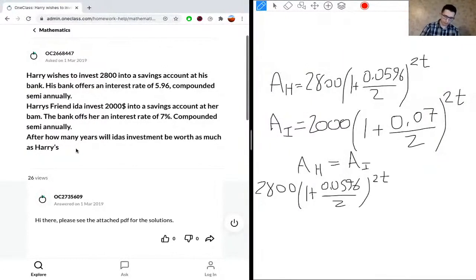And then actually, we can just calculate what this is using our calculator. So 1 plus 0.0596 divided by 2 will give us 1.0298, and we'll set that equal to 2000.